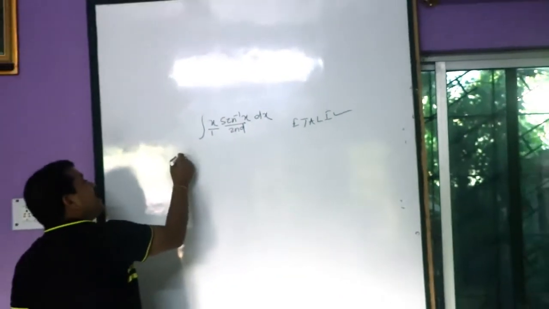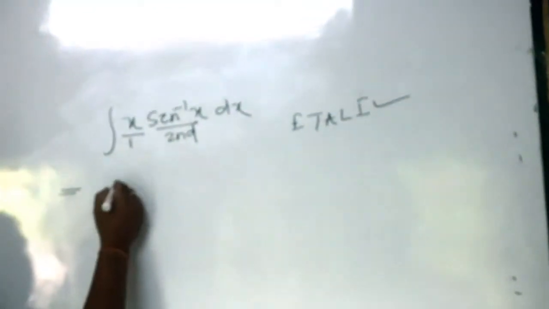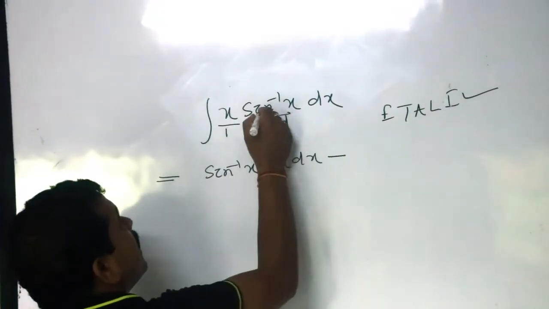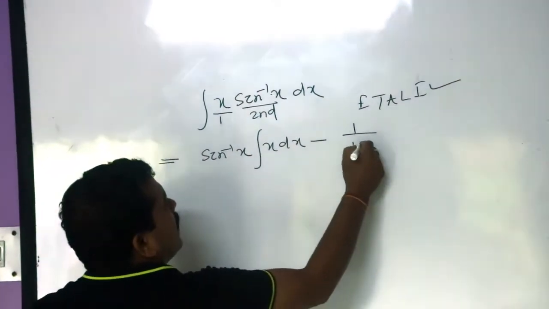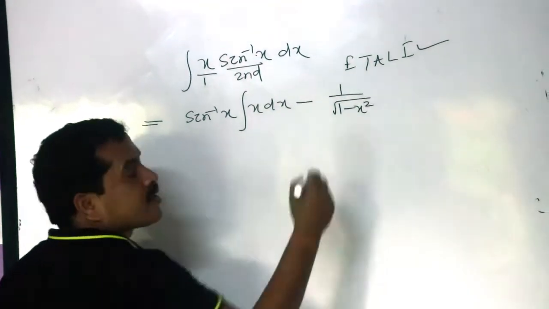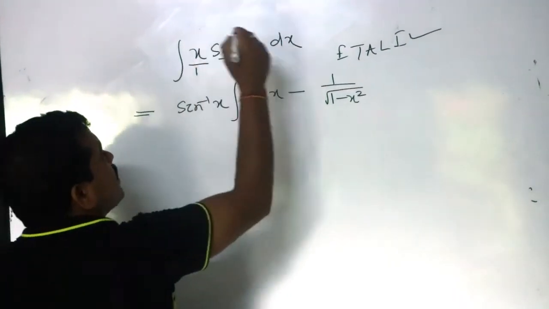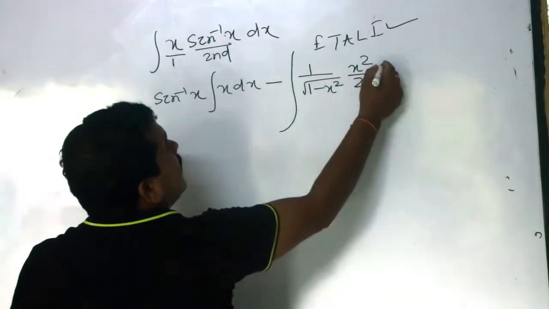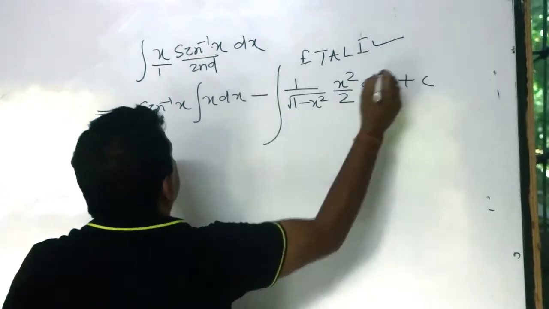Then we apply integration by parts, keeping sine inverse x fixed and integrating x dx, because here x is the first function, minus derivative of sine inverse x, that is equal to 1 by square root of 1 minus x square, over integration of x, that is equal to x square by 2, and again integrate with respect to x plus c.